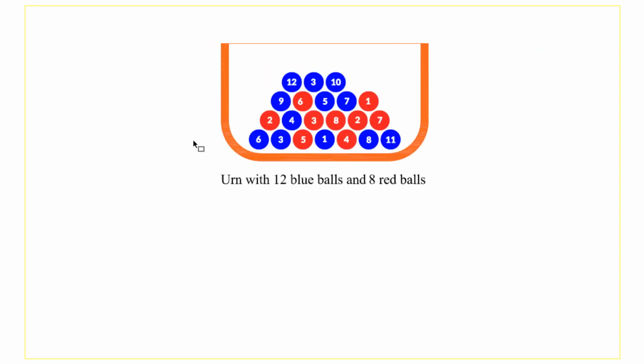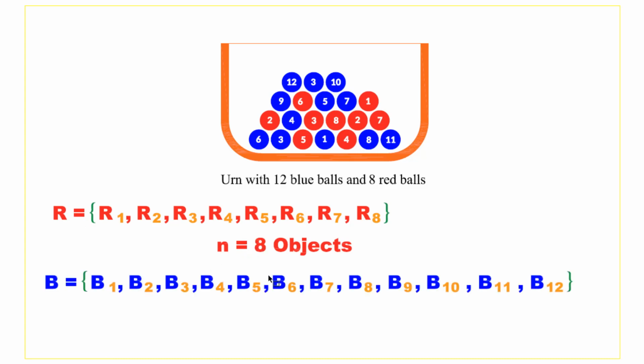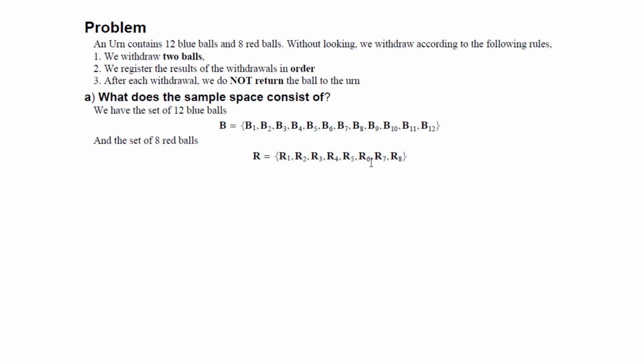Let's have a look. We have here all the objects, 12 blue and 8 red. So this is the group of red objects, and this is the group of blue objects. The first one is 8 and the second one is 12. So going back to the question, we have the group of blue from 1 to 12 and the group of red from 1 to 8.